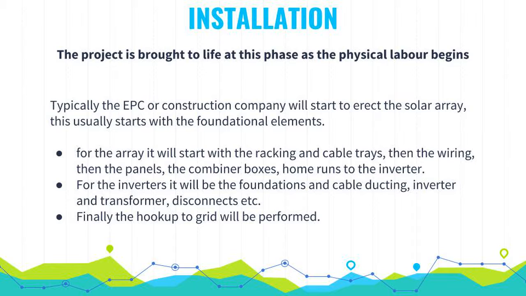For the array, it will start with the racking, the cable trays, then the wiring, then the panels, combiner boxes, and then home runs to the inverter. At the inverters, it will be the foundations, the concrete foundations, the cable ducting, inverter, transformers, disconnects, etc. Finally, the hookup to the grid will be performed.